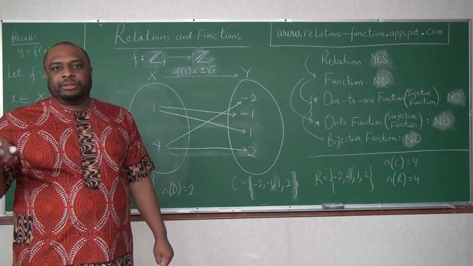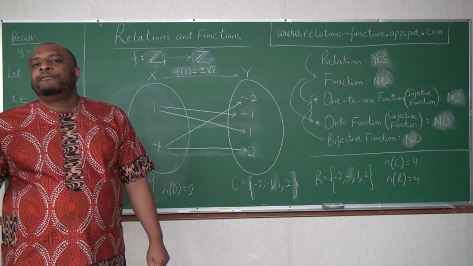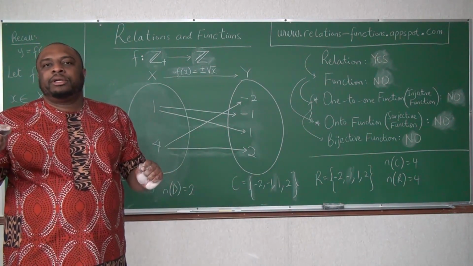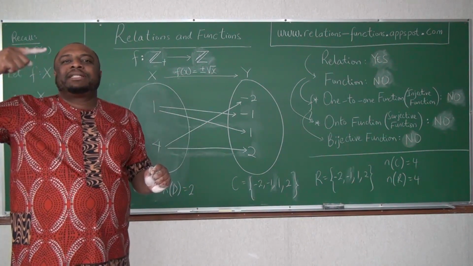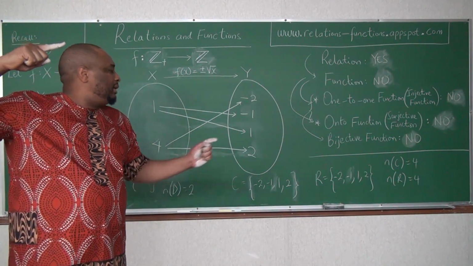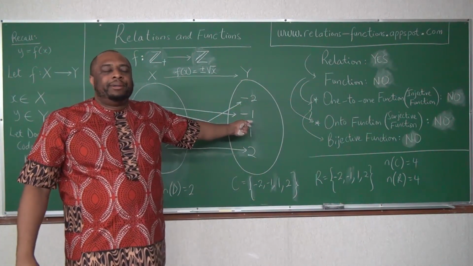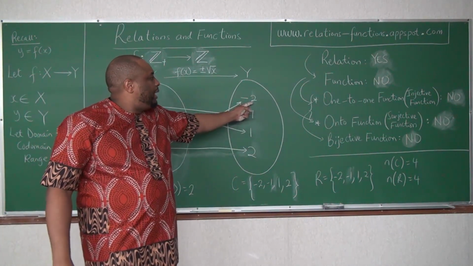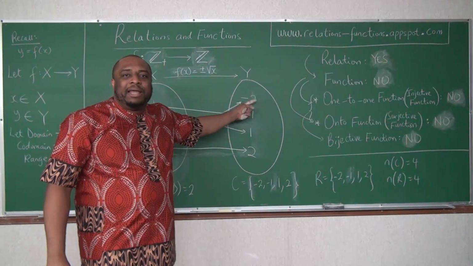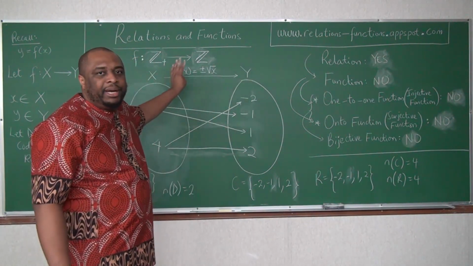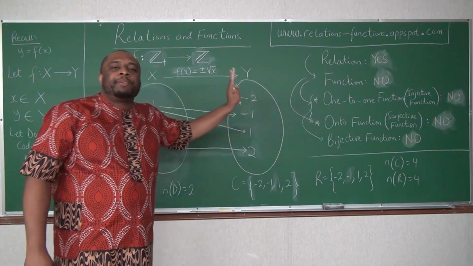Onto function, or surjective function: every element of the codomain. X is the domain, Y is the codomain.